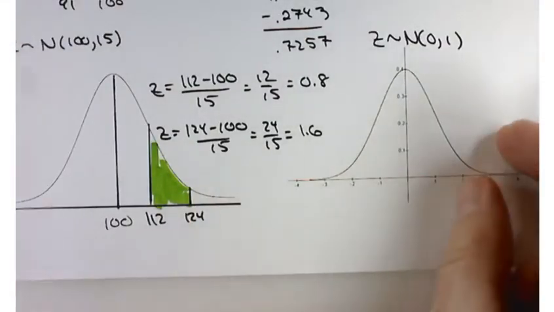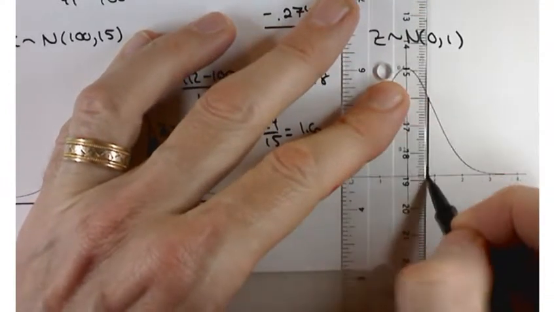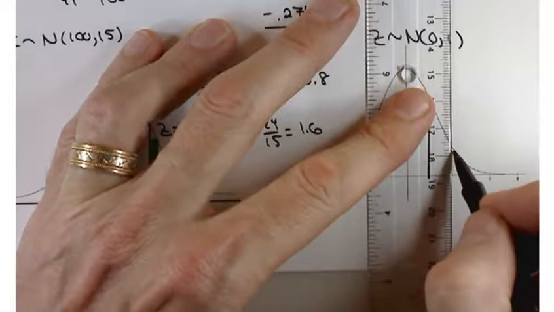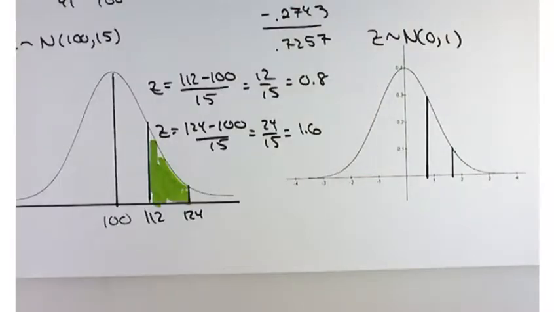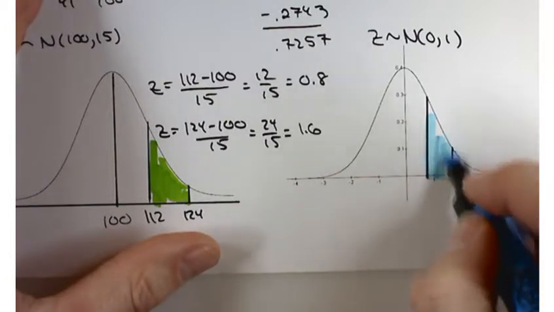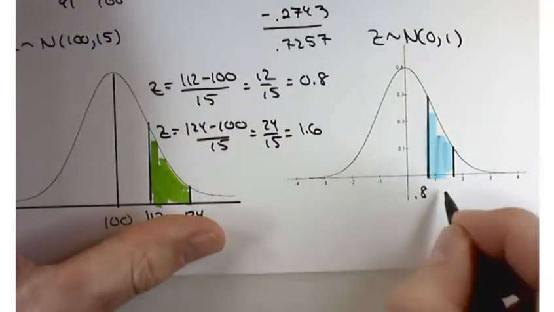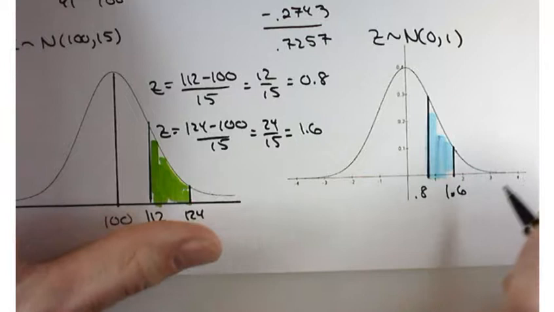So let's put those 2 numbers here on our curve. And again, you don't have to really be that accurate drawing these things. I try, but that's just some compulsive disorder in me. What I'd like to see is a reasonable amount of your work, to let me know that you understand what you're doing here. So we've got 0.8 here and 1.6 here.